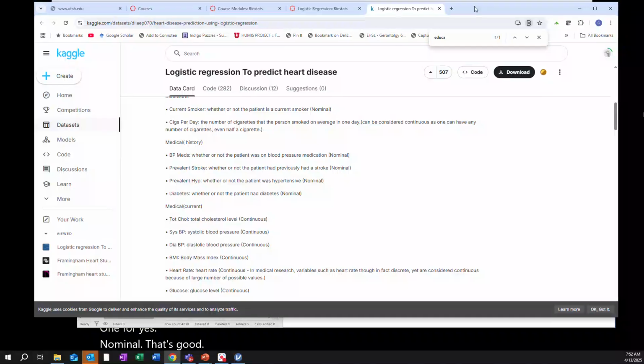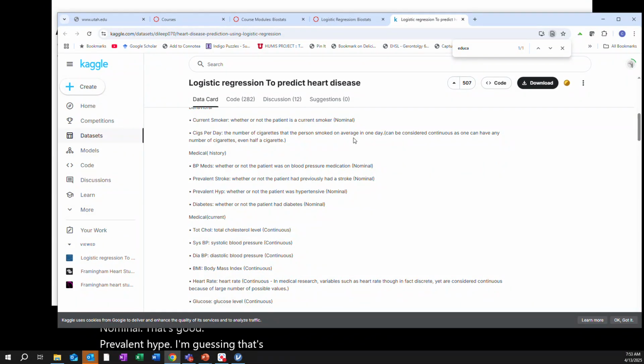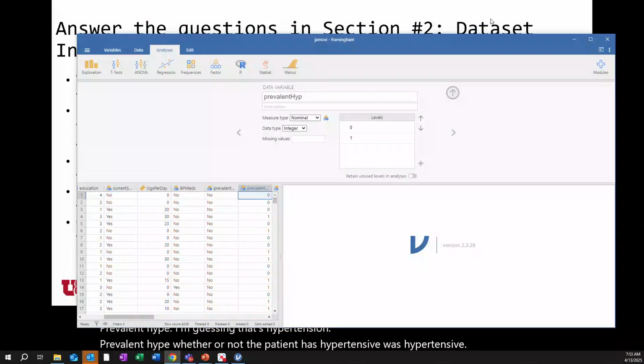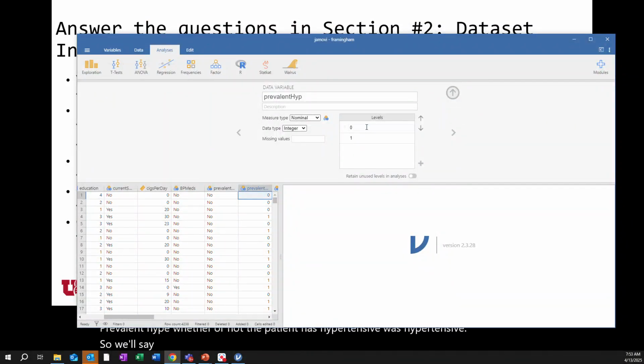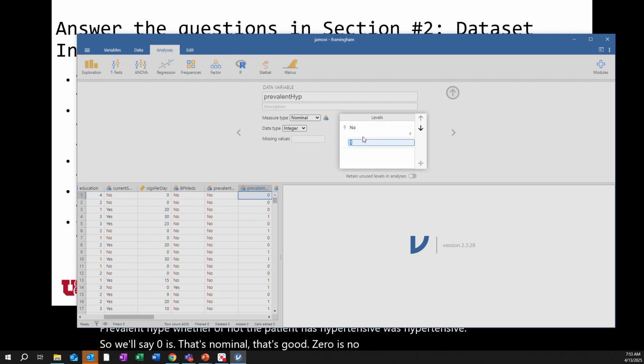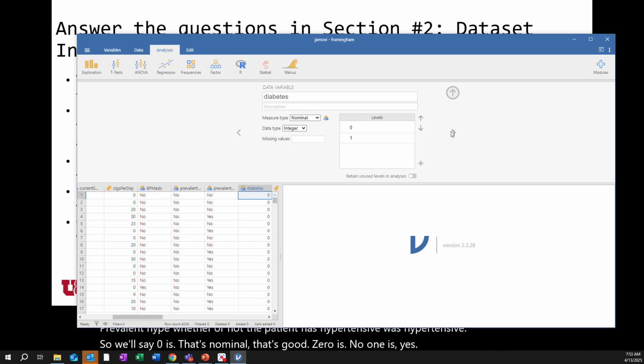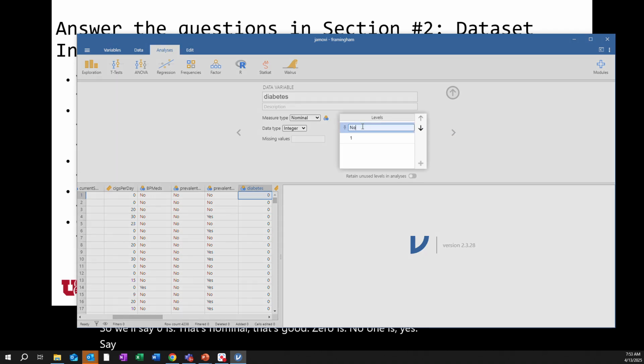Prevalent hype, I'm guessing that's hypertension. Prevalent hype, whether or not the patient was hypertensive. So that's nominal, that's good. 0 is no, 1 is yes. Diabetes, we'll say 0 is no, 1 is yes.